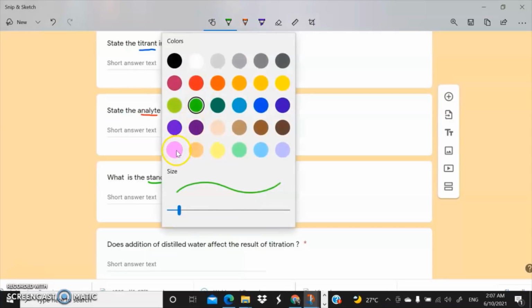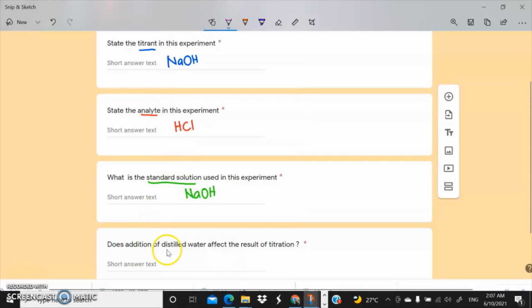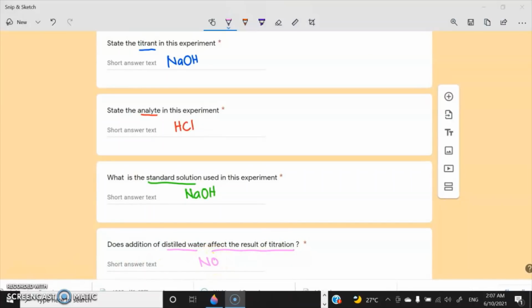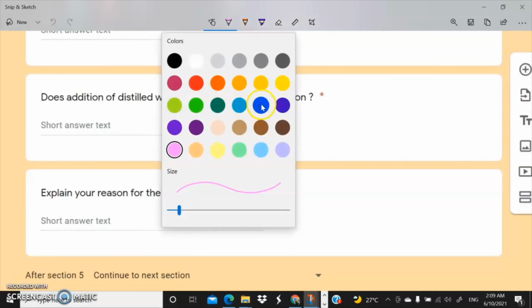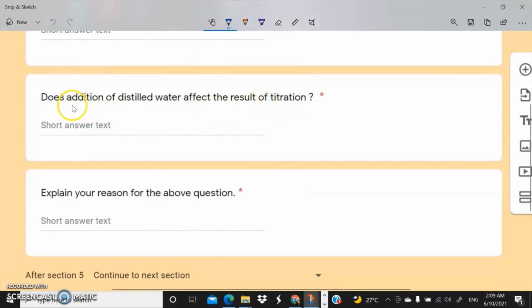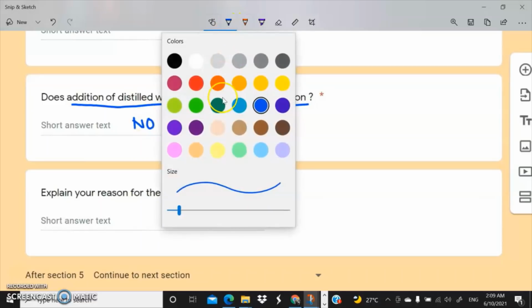Okay, the last question. Does addition of distilled water affect the result of titration? So the answer is no. Just now got one question: does addition of distilled water affect the result of titration? The answer is no. Why?